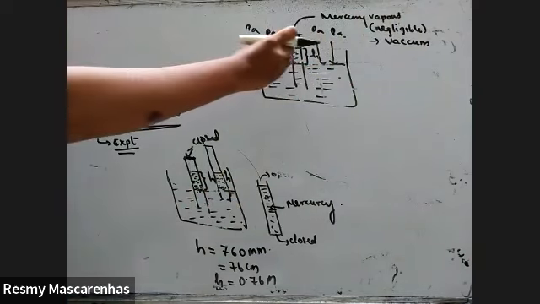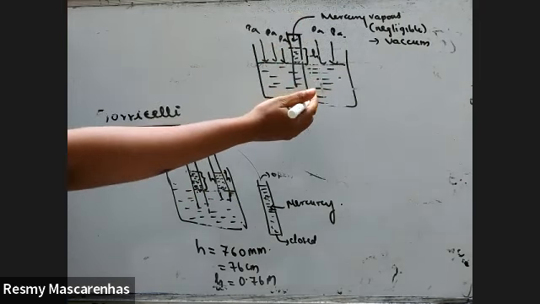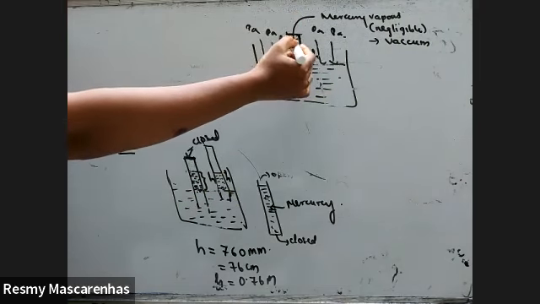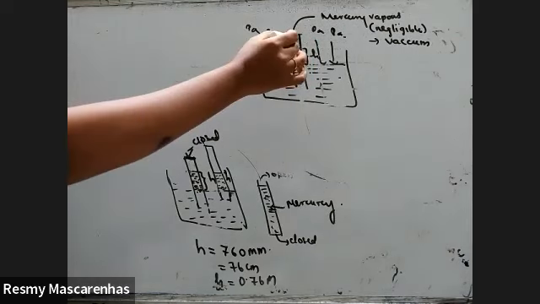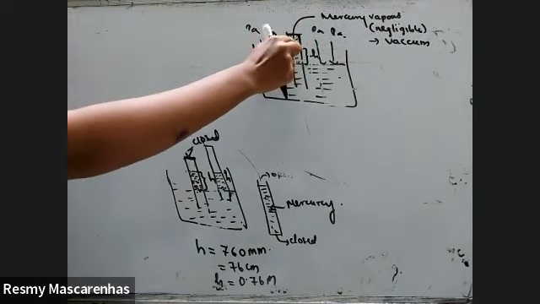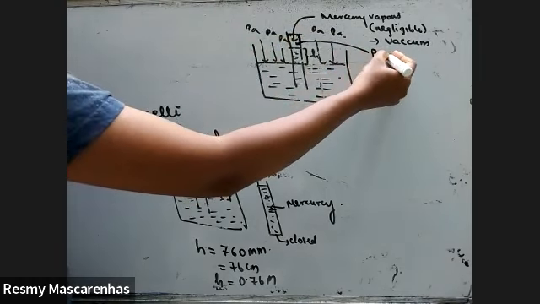When the mercury goes down and this part becomes empty, no air comes inside. It remains vacant, with only slight mercury vapors which are negligible because they are very scanty. They don't create any pressure, so inside, the pressure is zero.